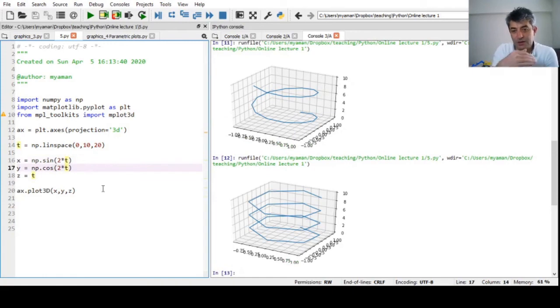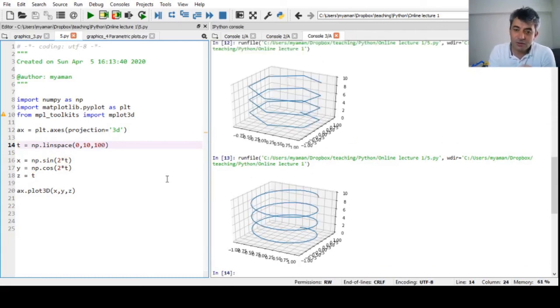So the particle makes more turns as it goes up, but that doesn't look like a circle, and the reason is, of course, the sampling is too low to show that. So let's make this really high. So these are the nice circles that the particle traverses. So it makes circles and goes up.